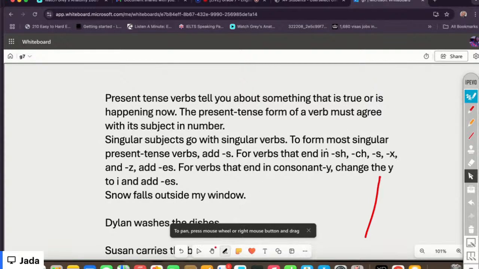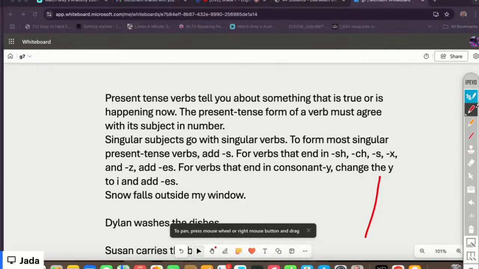So we have the present tense also. Present tense verbs tell you about something that is true or is happening now. So if you're talking about present tense, it tells you about something that is true or happening at the moment.